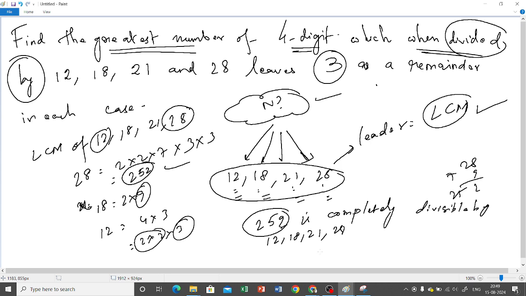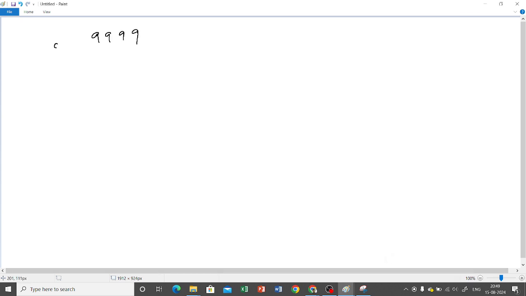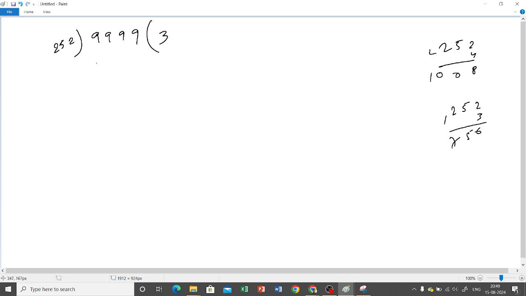Now divide this largest 4 digit number by 252 and you see what you get.